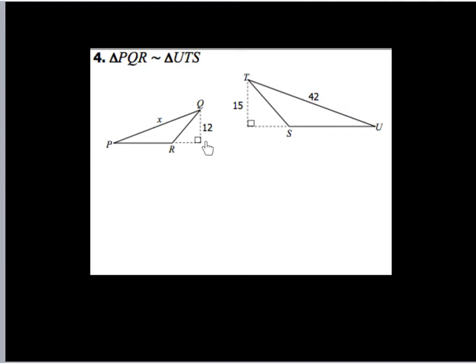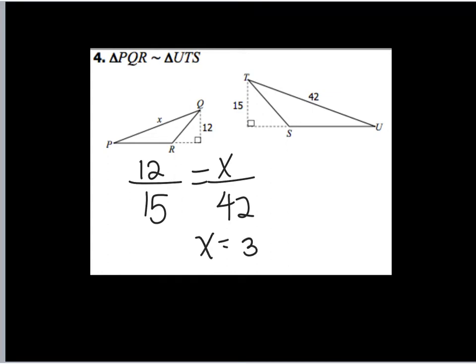Here it is, so that's going to be my 12, over that same altitude in the other figure, which is 15, equal to X over 42. Once we cross multiply, we should get X is equal to 33.6. Do the math, verify, and if there's an error, see your teacher.